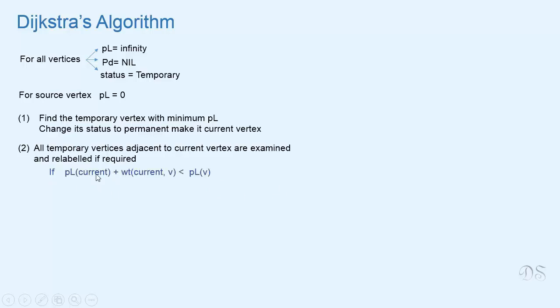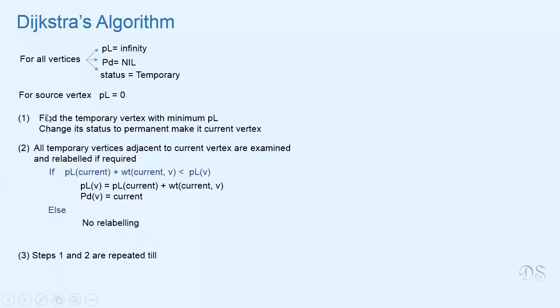Now if the path length of current plus the weight on this edge is less than the path length of vertex V, then we'll relabel the vertex V. Now the path length of V becomes equal to the path length of current plus the weight on this edge, and current becomes the new predecessor of vertex V. If this value is greater than the path length of V, then no relabeling is required.